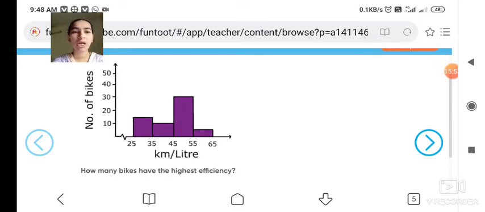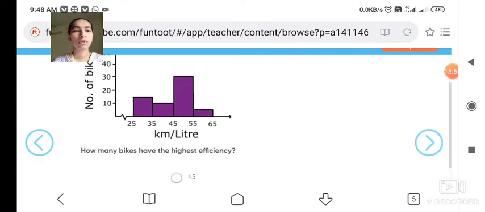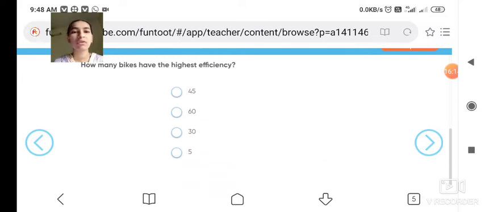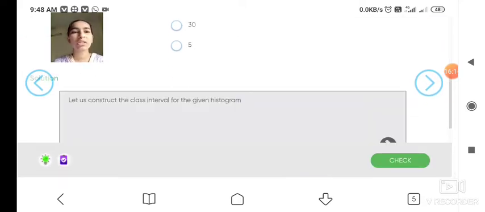Now kilometers per liter is on the horizontal line. Now the question is, how many bikes have the highest efficiency? Either 45, 55, 65, 35 or 25, which among them have the efficiency more than that?